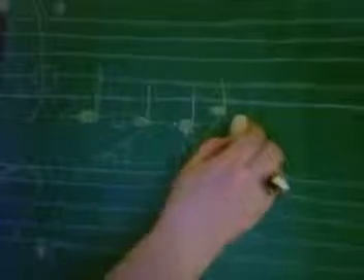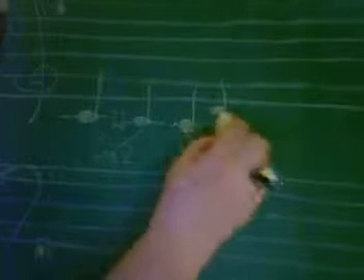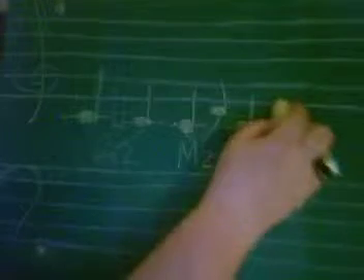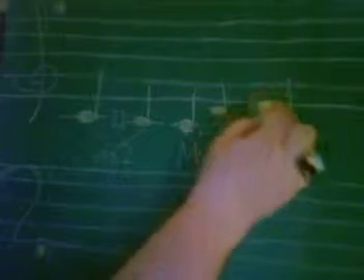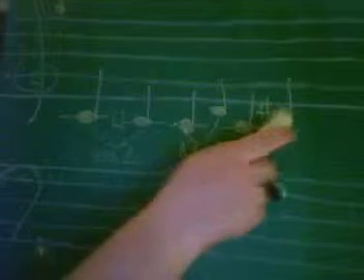Then, middle C to D sharp. Right? So you take D and you raise it 1/2 a step. So that means from here to here is 1.5 steps. Try to picture the keyboard in your mind.